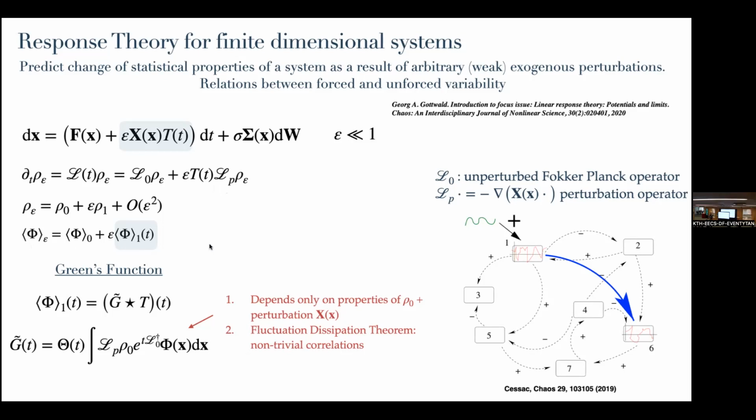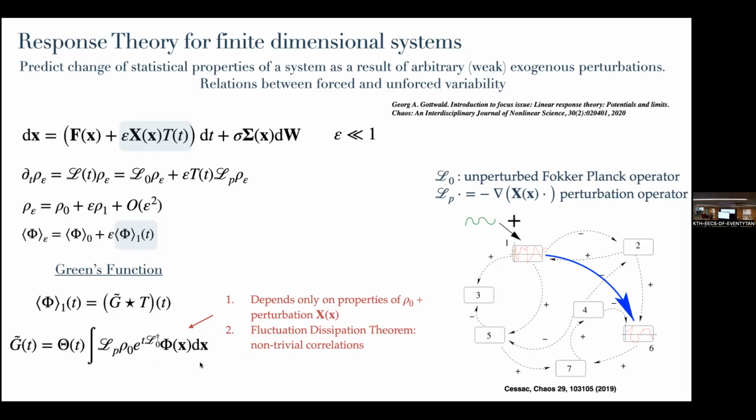And this correction can be explicitly evaluated through a convolution between what is called a Green's function and the time-dependent modulation of the input that has been applied to the system. And the Green's function has this explicit formula. You have a Heaviside function that enforces causality on the system.